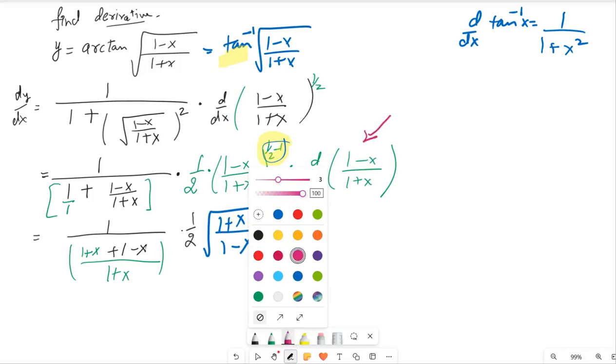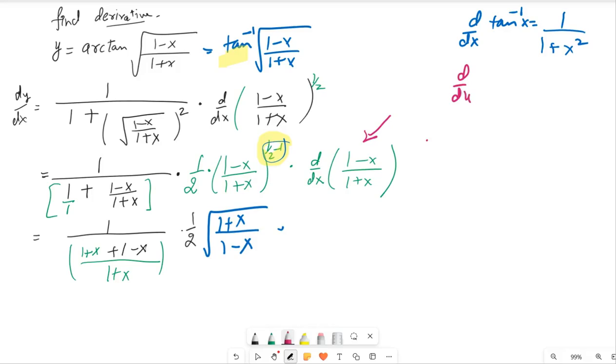For this part, we need to use the quotient rule. The derivative of a quotient is the quotient's denominator squared, with the derivative of the numerator times the denominator as is, minus the numerator as is times the derivative of the denominator.